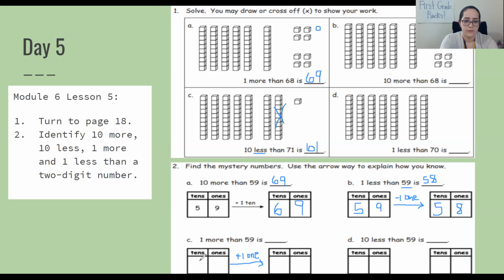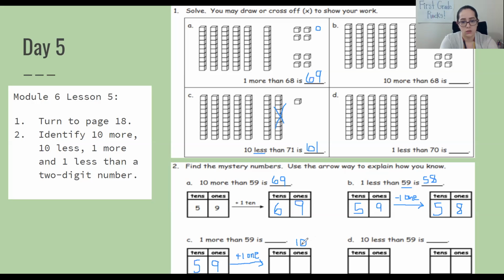Okay, so I'm gonna start with my 59, so 5 tens and 9 ones. Okay, so I'm gonna add 1 more. So 1 more than 9 is 10. But we are not allowed to put 2 numbers in the ones place. We can only have 1 digit.